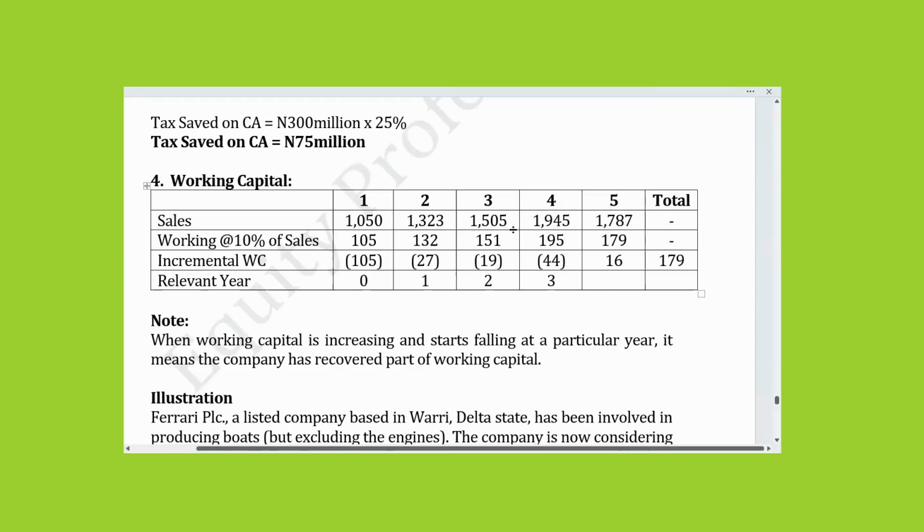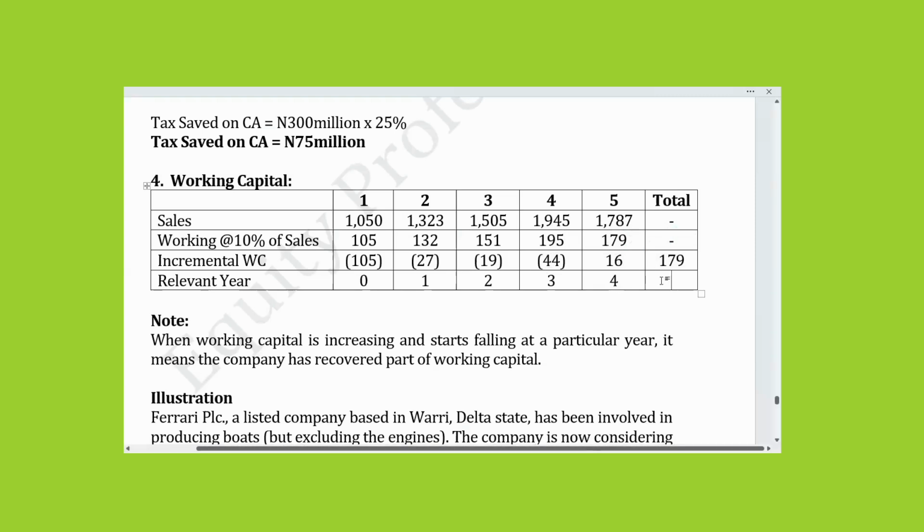This is what I'm saying. The highest working capital is 195. Okay? So when you add up 105 plus 27 plus 19 plus 44, that will give you the 195. When you add up 16 plus 179, you have the same thing as 195. So that is the recovery. So in year 4, the company has recovered working capital of 16 million.